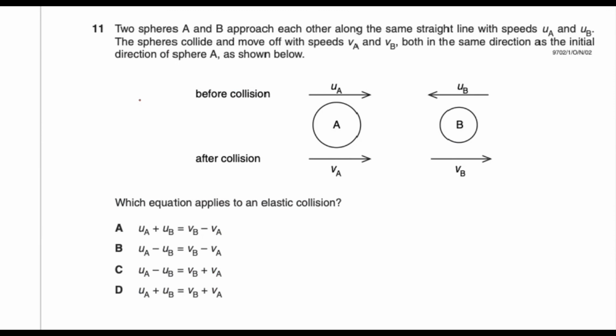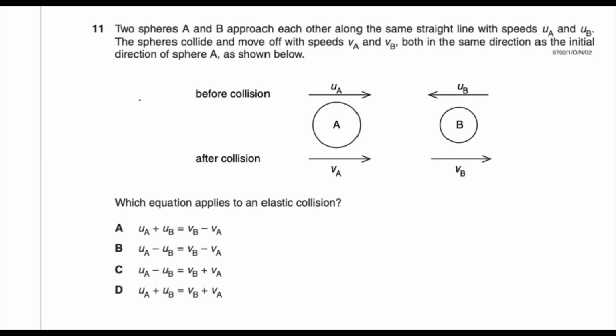UA minus UB equal to VB minus VA. Oh, okay. This is a tricky question. The formula that we learned is the formula written in B, right?